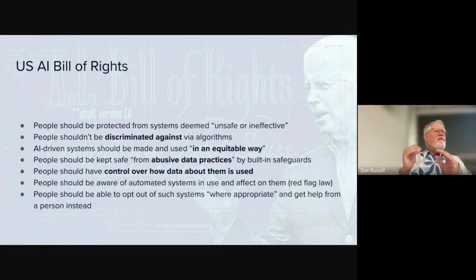But this is, I think, a very reasonable first cut. People need to be protected from systems that are unsafe, so you need to know what systems are unsafe. We need to avoid discrimination. We need to figure out what abusive data practices are. And basically, the bottom line is people need to understand the data that's out there, how it's being used, and what they can do about it. What can they do?